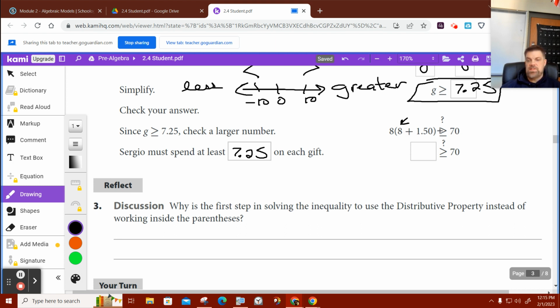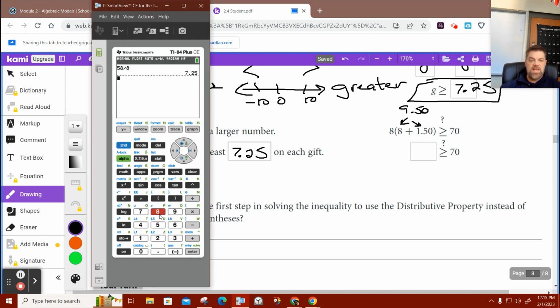Well, what is 8 plus 1.50? 9.50. What's 9.50 times 8? In other words, I'm going to take my calculator and say 8 times, and I'll plug it in just how I see it on the worksheet, 9.50.